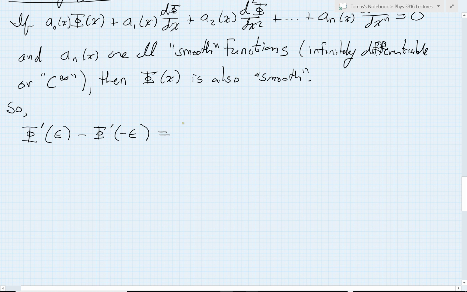The mean value theorem tells me the following. First, the difference in my first derivative, considering that everything exists, is the integral of my second derivative integrated from one point to the other. That's simple. Integral of second derivative is first derivative, and then I put in my two limits, and that gives me my right-hand side.